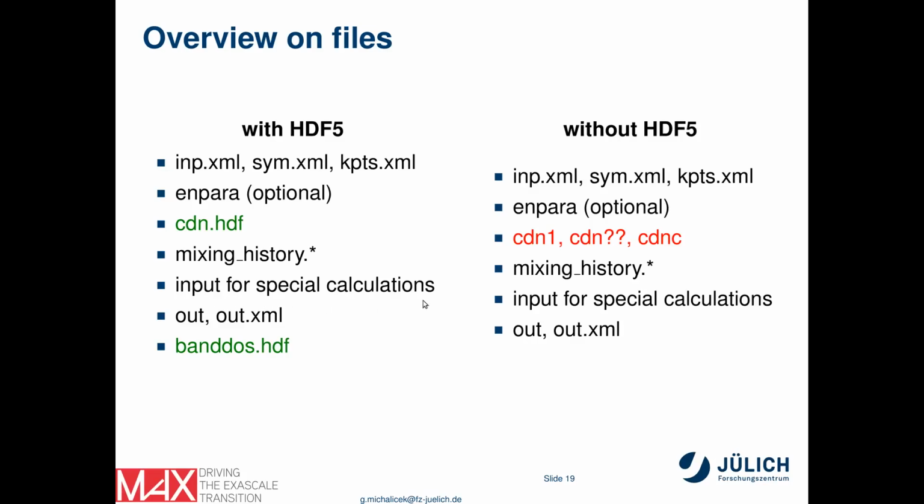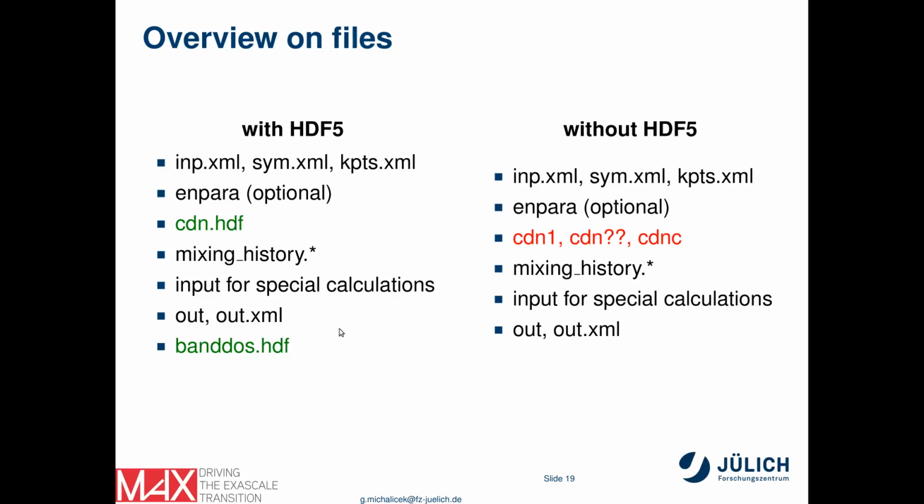So of course you can also have additional input for special calculations, and the main output files are the out file and the out.xml file. They contain mostly the same information. The out file is made for humans to read, and the out.xml file typically for automatized processing, but it's also very readable for humans.